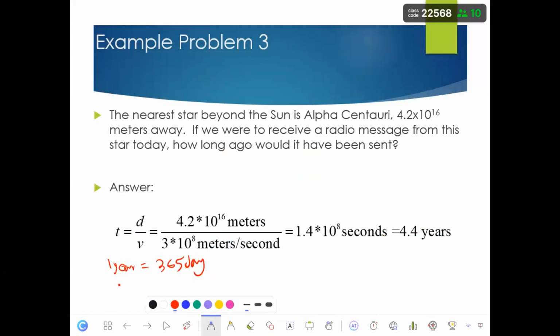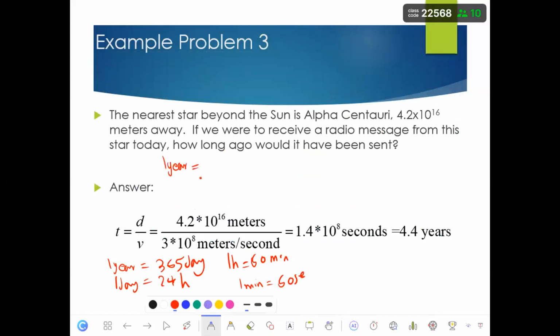And then 1 day is how many hours? 24 hours. And 1 hour is 60 minutes, and 1 minute is how many seconds? 60 seconds.